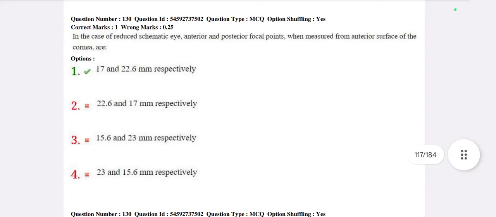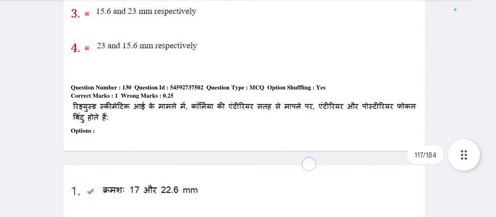Next question is, in a case of reduced schematic eye, anterior and posterior focal lengths when measured from anterior surface of the cornea are 17 and 22.6 mm respectively, 22.6 and 17 mm respectively, 15.6 and 23 mm respectively, 23 and 15.6 mm respectively. Correct answer is 17 and 22.6 mm respectively.